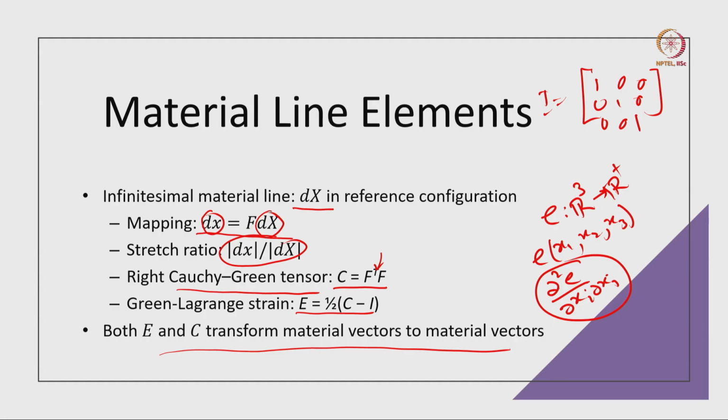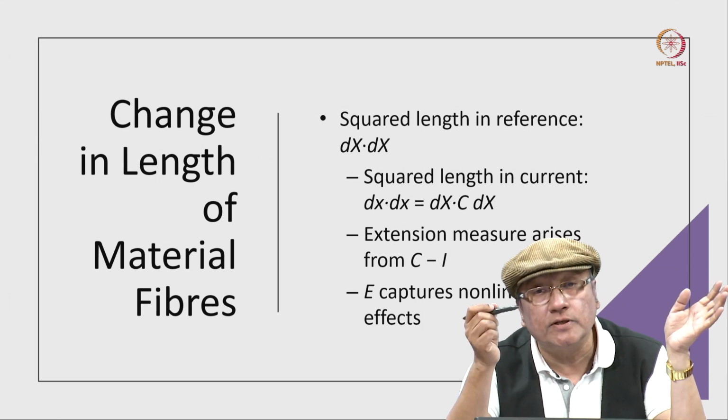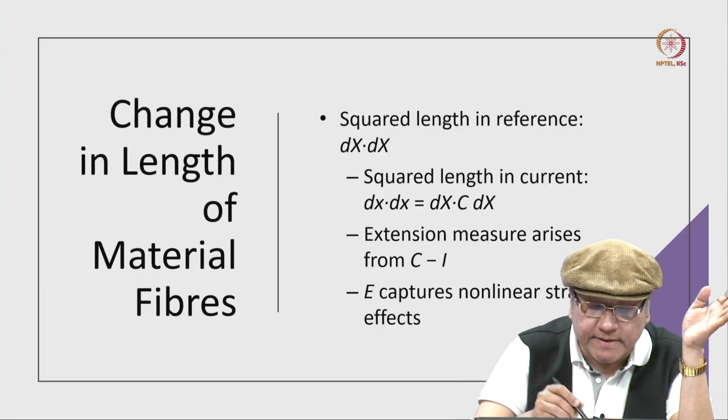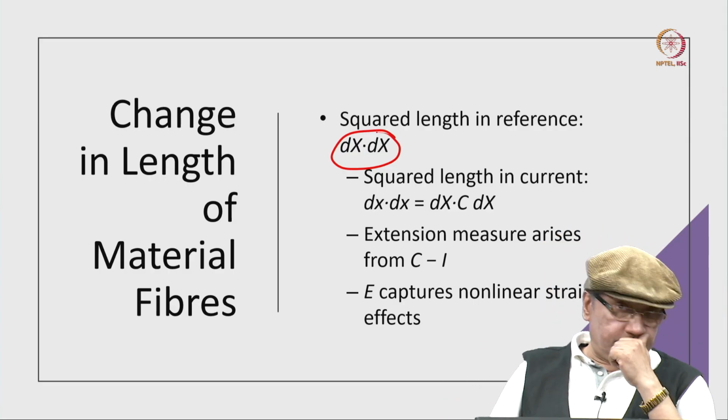So now let us consider why basically C is a measure of the strain. In order to understand that, consider the squared length in the referential configuration. It is basically dX dot dX, right, capital X, you can see it here. This is the squared length in the referential configuration, right.